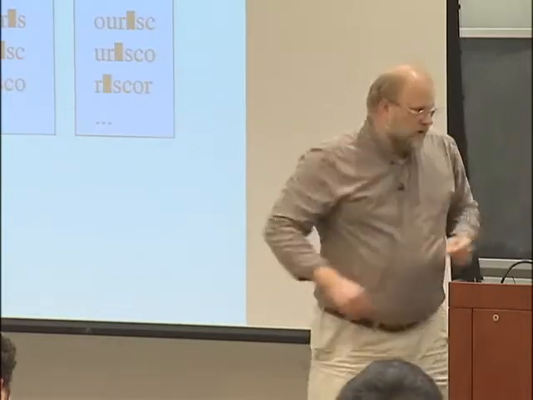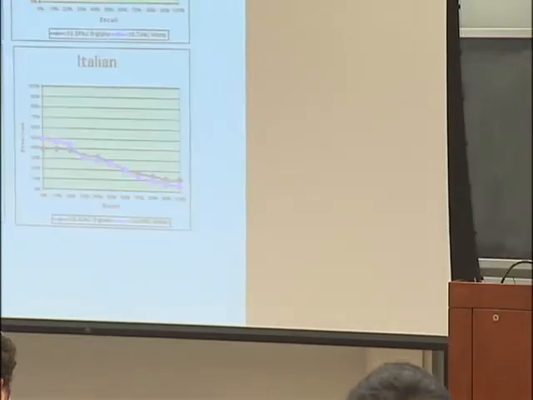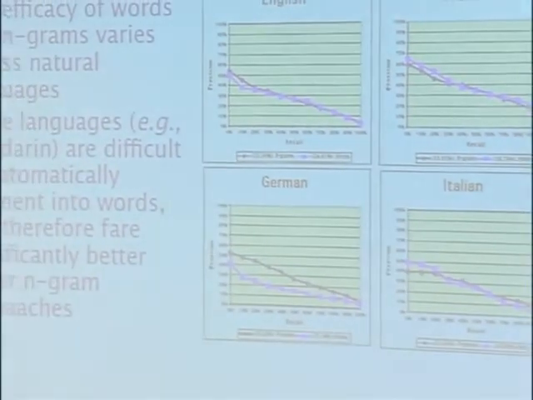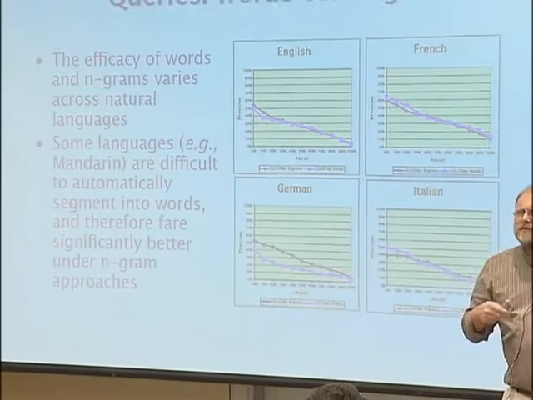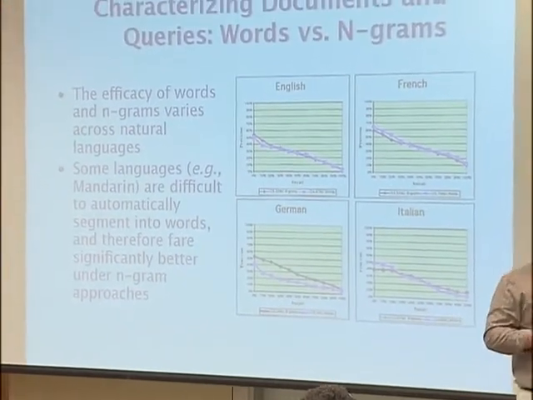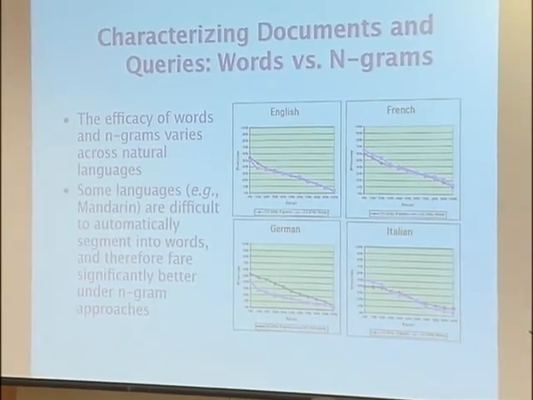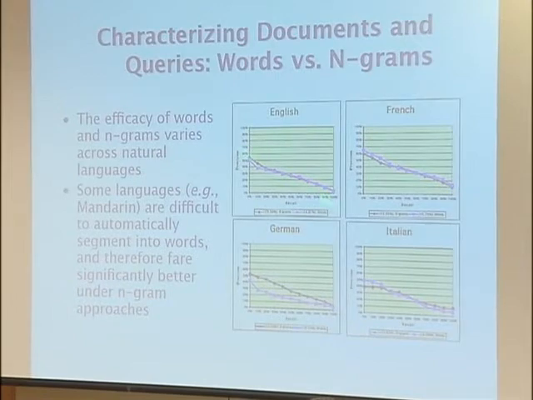So if you look at actual results, here are some results from a monolingual multi-language task from TREC from a number of years ago. And these results are precision recall curves like we've seen before. The blue is n-grams and the pink is words, or whatever those colors are.